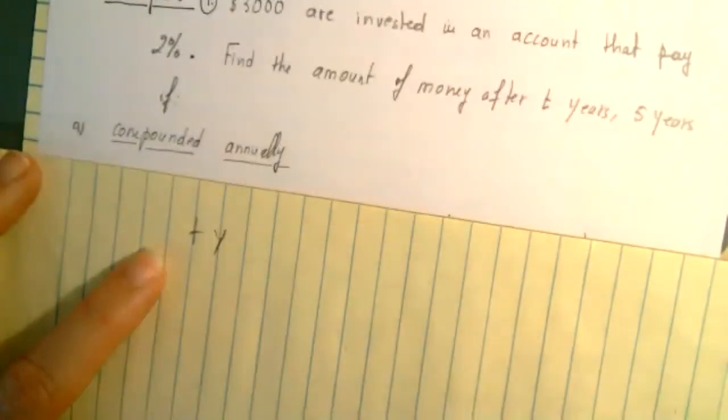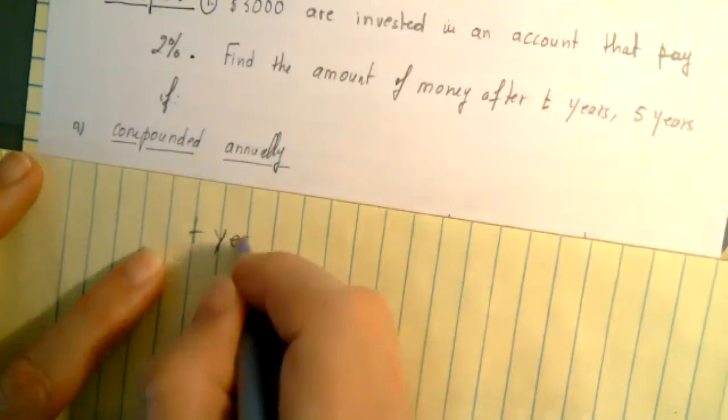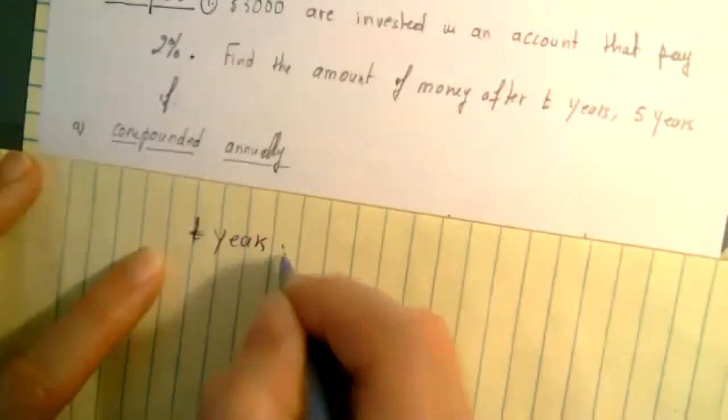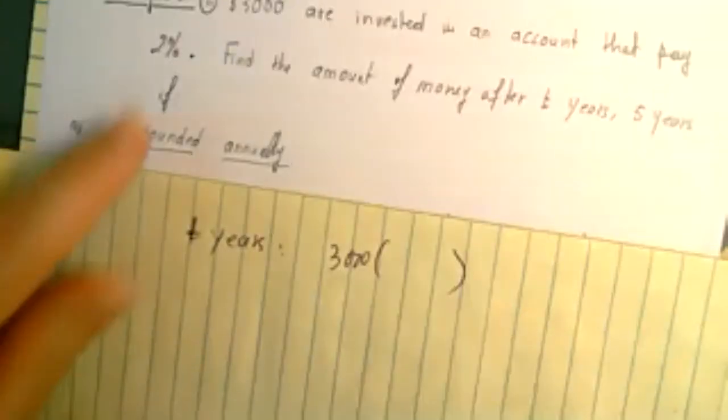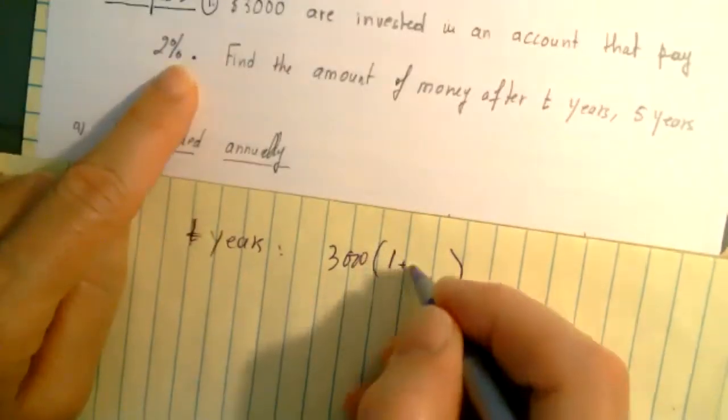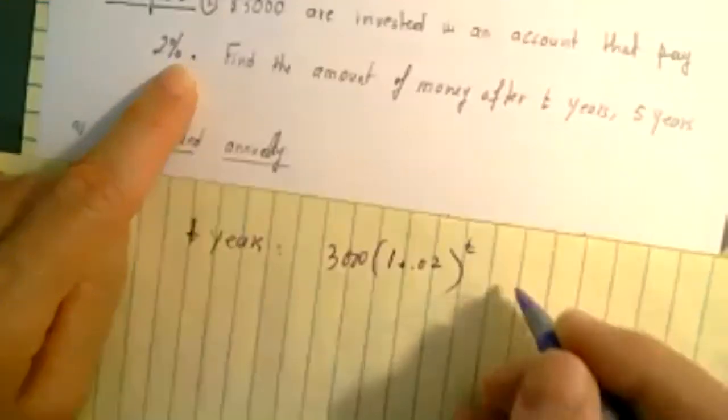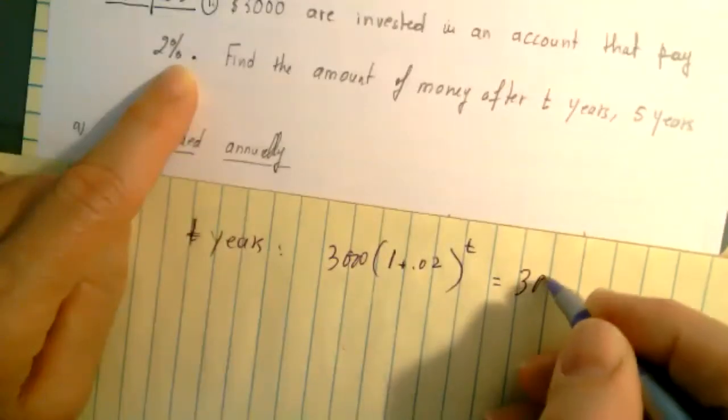Compounded annually, after 2 years it's the initial amount compounded annually at 2%. It means 1 plus 0.02 to the power t. That's the basic formulation.